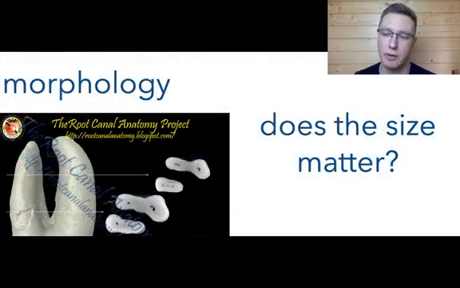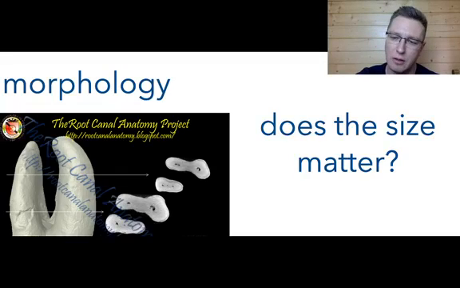And we can go to the morphology. And the main question about the morphology of the mesial root is, does the size matter? You can see on the left side of your screen some slices of the mesial root of first upper molar.